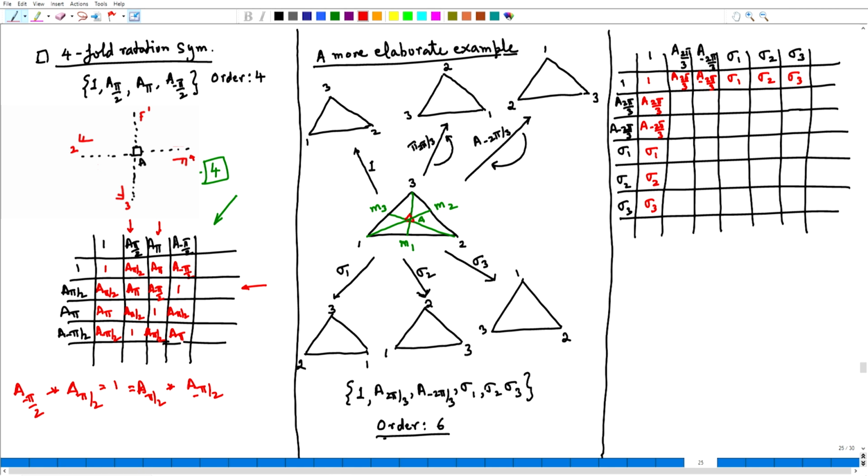Now, let us again look at those operations which are inverses of each other, so that when combined together the result would be the identity operation.